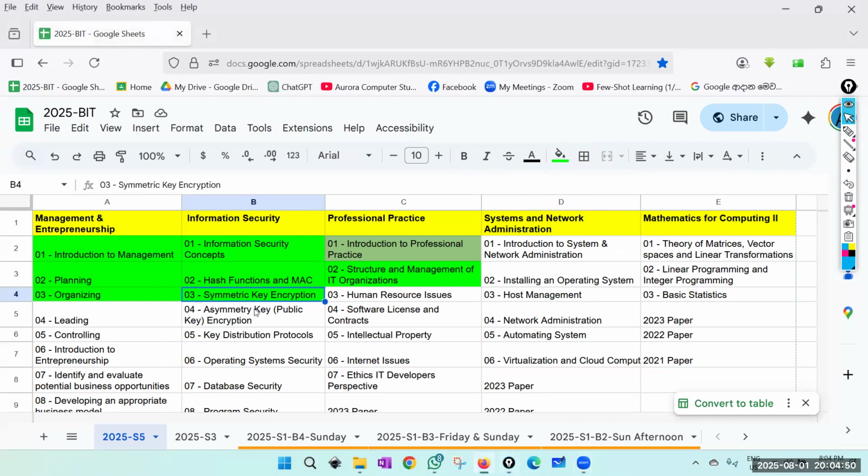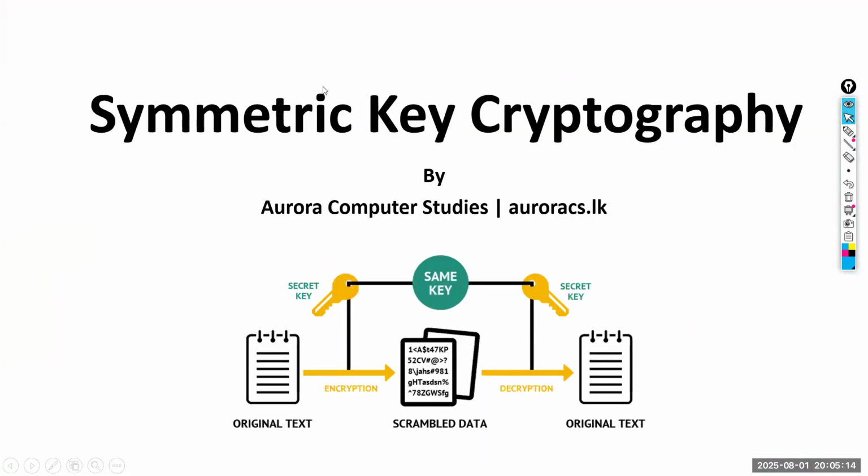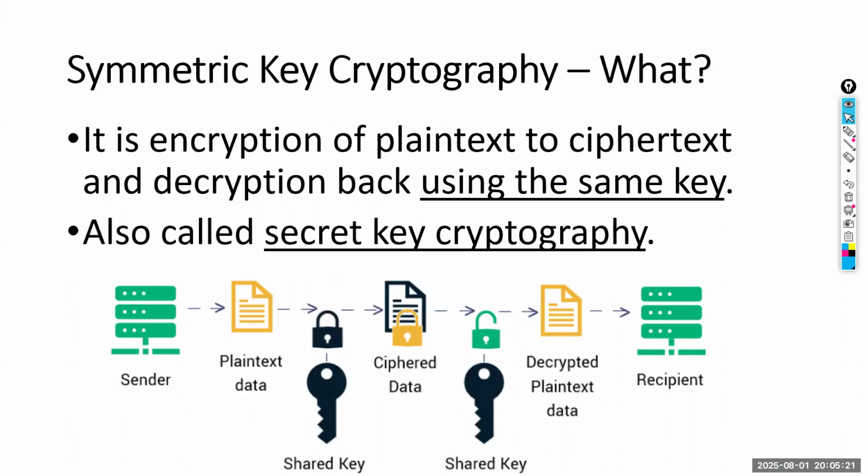Next topic, symmetric key encryption, decryption, or symmetric key cryptography. So you know what symmetric key cryptography is. If you use the same key for encryption and decryption, we call it symmetric. Same key.